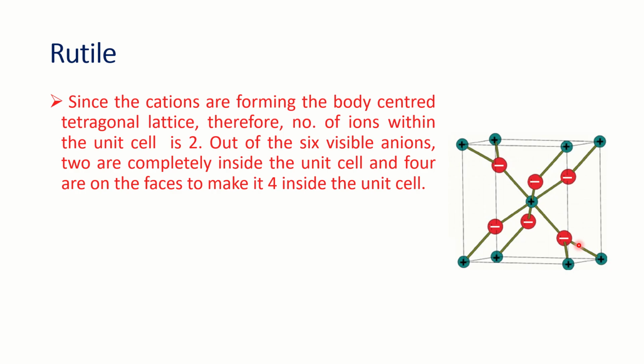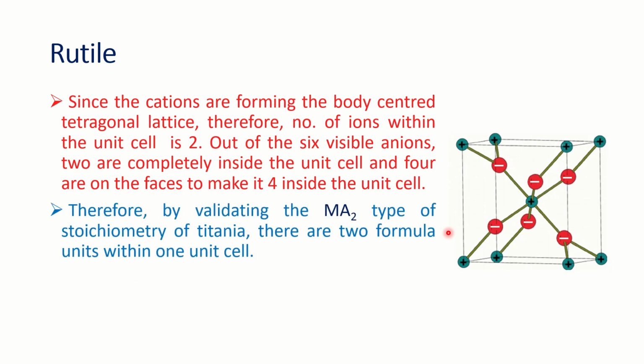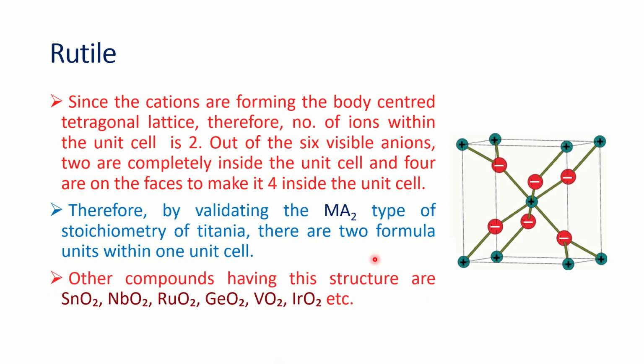And from this we can conclude that there are two formula units within the unit cell. So, validating the MX2 type of stoichiometry of titania, there are two formula units within one unit cell. That's all about the structure of rutile.